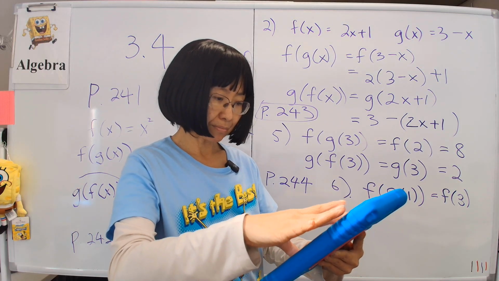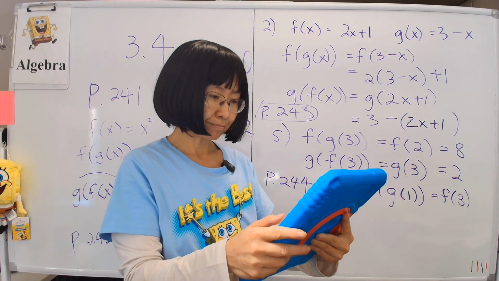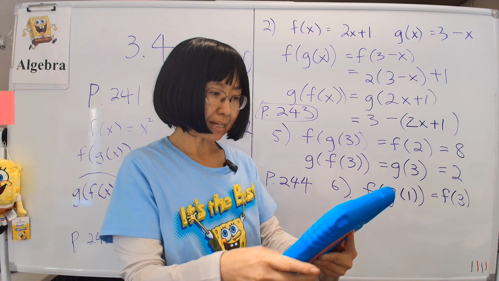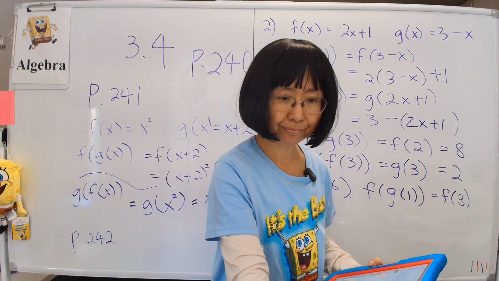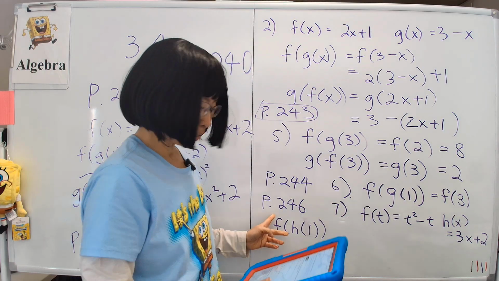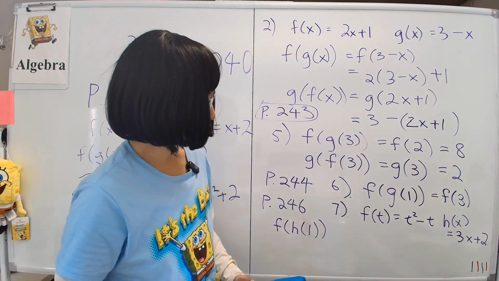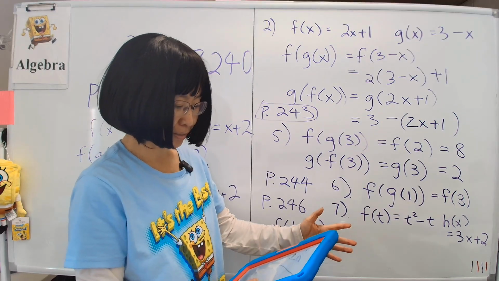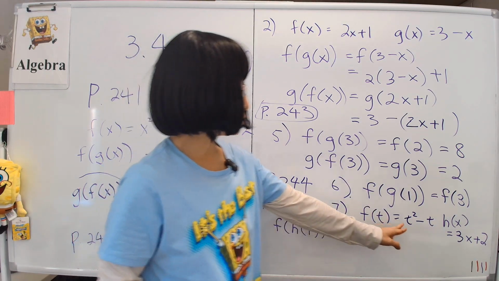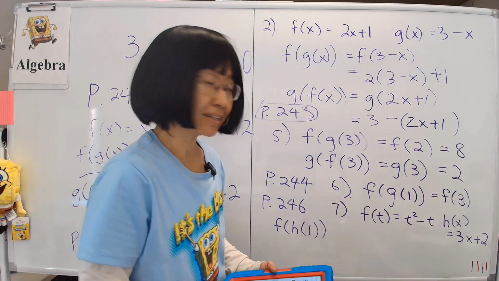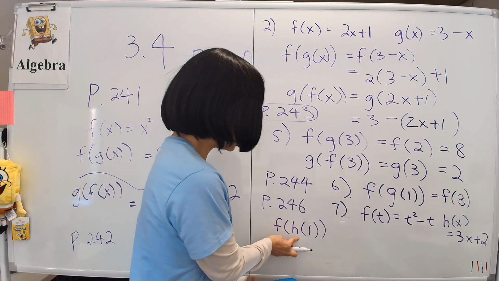And then next, example 7. Composite function evaluation. I'm looking at example 7 now, page 246. We have f of t is t squared minus t, h of x is 3x plus 2, and then we're supposed to figure out f of h of 1. Now there are two different variables here, but that means nothing to us, okay? We will do it exactly like we're told. First, what is h of 1?